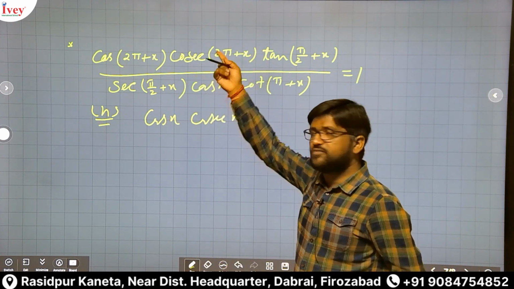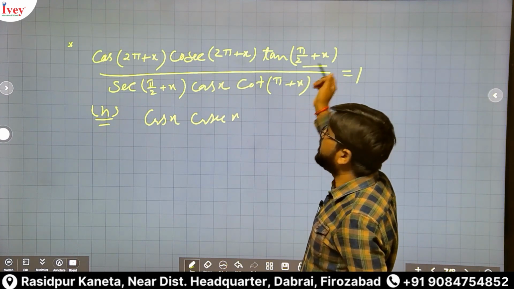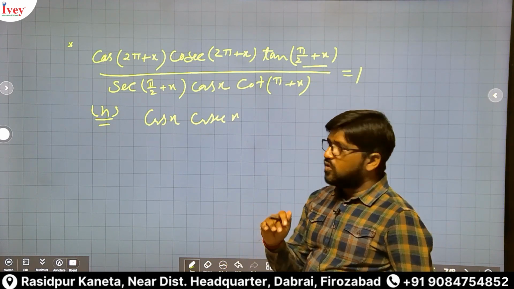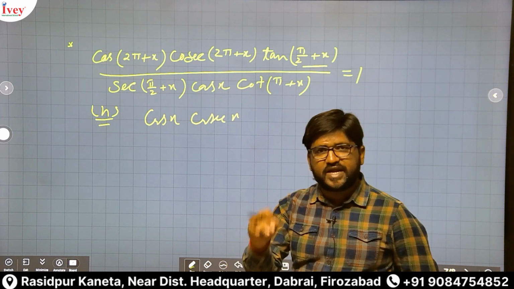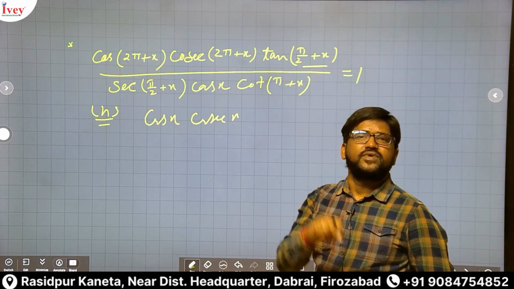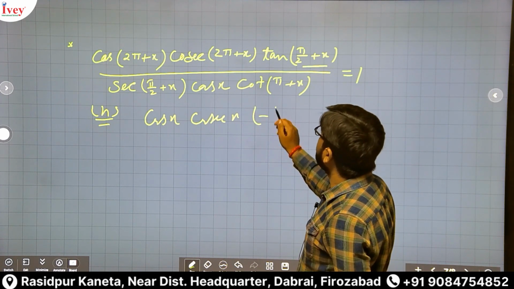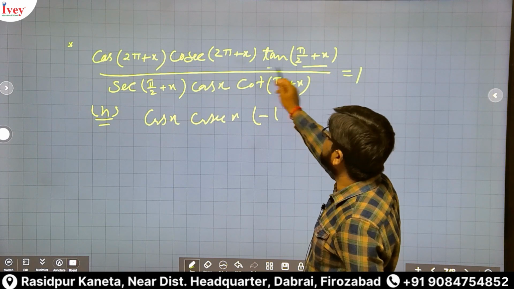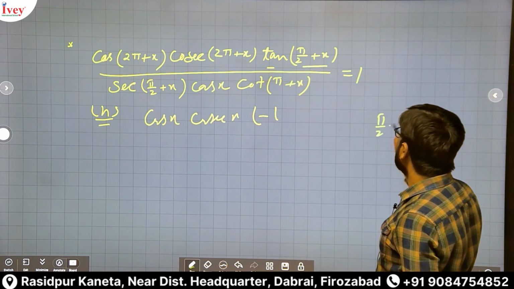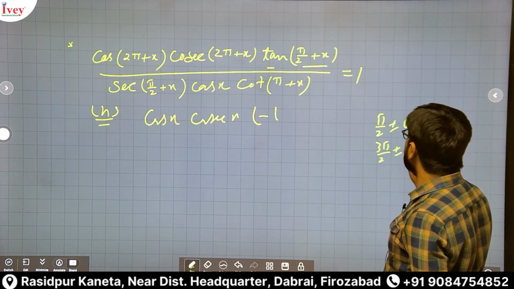In the first quadrant all are positive, so this is cosec x, and in this is π/2 + x. This means we are going beyond π/2, so we are landing over the second quadrant, and in the second quadrant sine is positive, tan is negative, so this is going to be negative of... Now it will change in case of four angles, that is π/2 ± θ and 3π/2 ± θ.